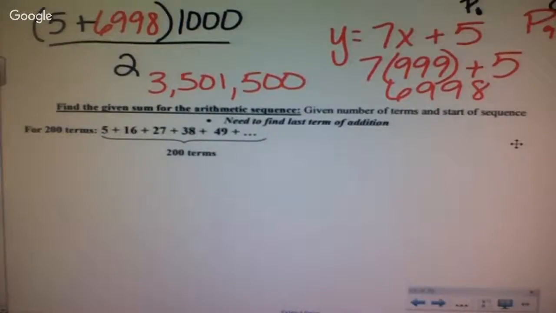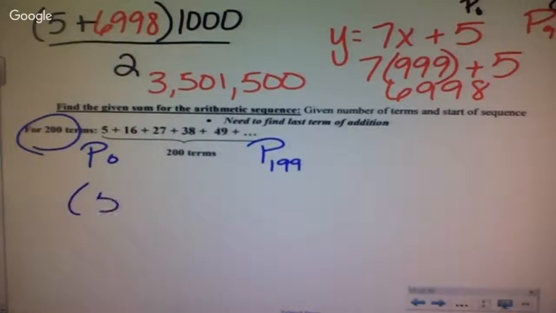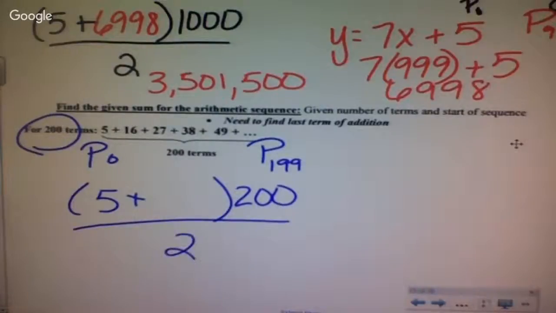Same idea for this one. This time I have 200 terms. I know that P sub 0 is 5, but I need to find P sub what? 199. If I have 200 terms, that means my last number is actually in the 199th spot. So we've got 5 plus, we don't know, times 200 divided by 2. My original equation, my y equals, is y equals what?